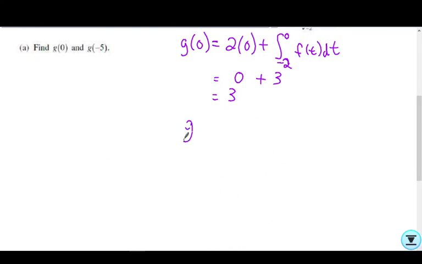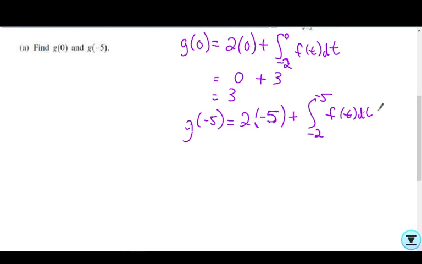It says find g at -5. Same thing: 2 times -5, plugging in -5 wherever we see x, plus the integral from -2 to -5 of f of t dt, and that's going to be equal to -10 plus the integral. Now, notice that my limits are backwards.